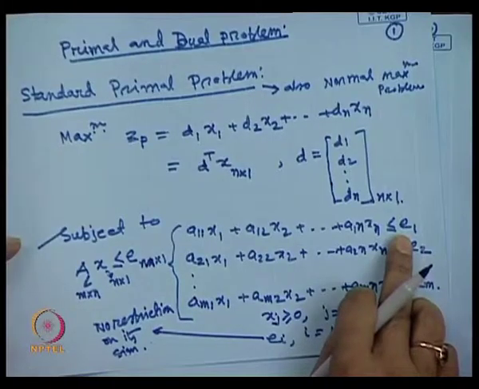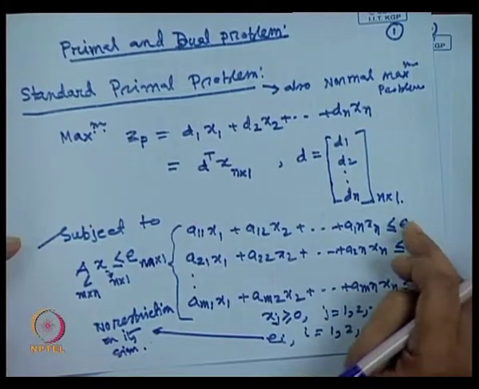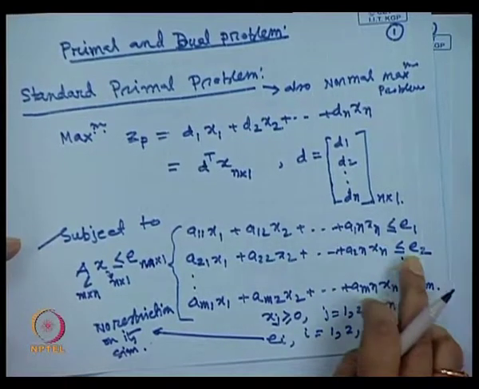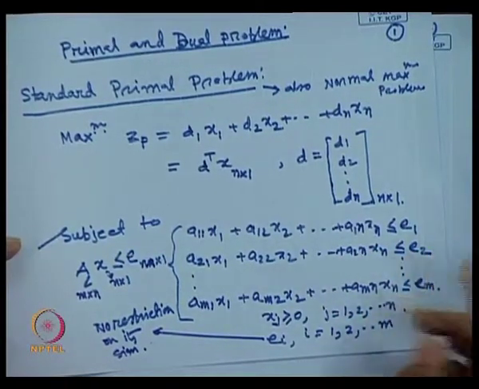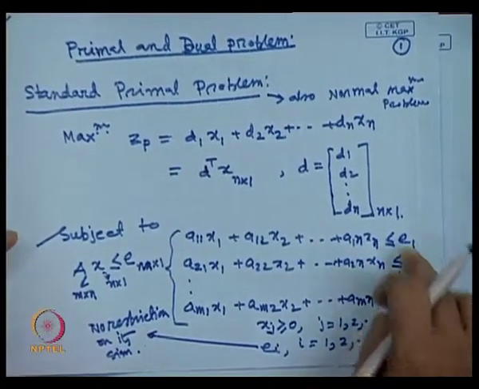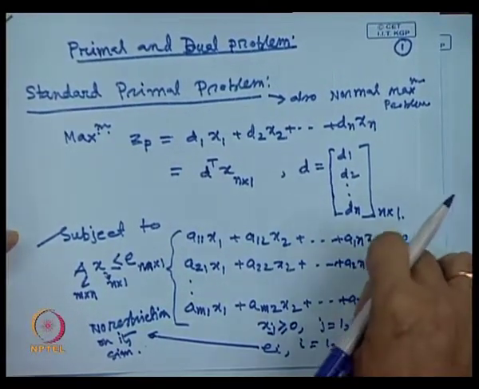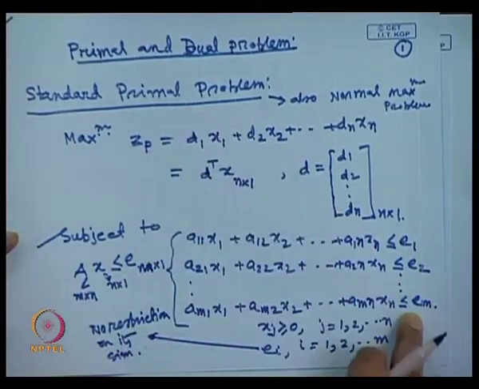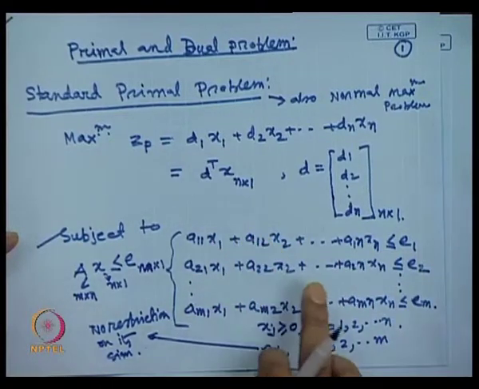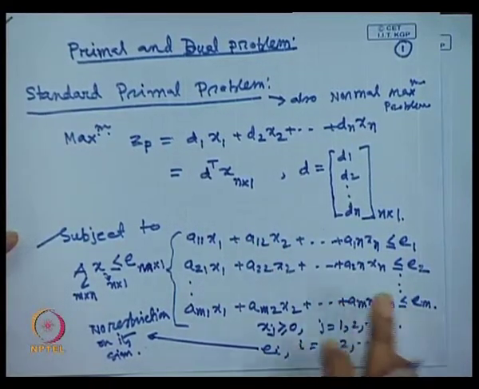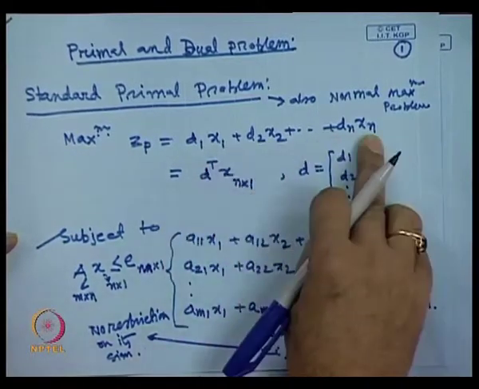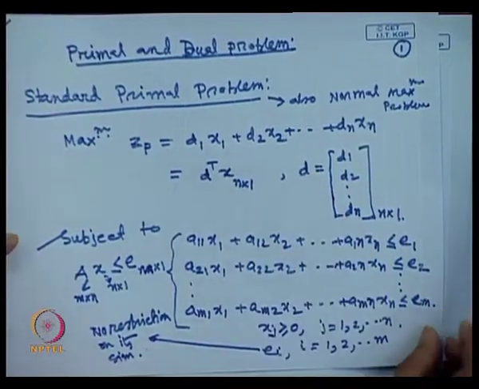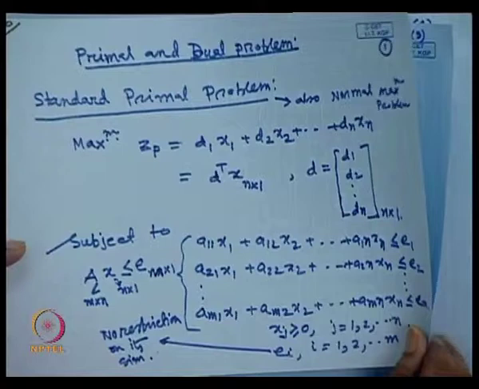So, you will write E1 multiplied by a new dual variable Y1, E2 multiplied by Y2, and so on. If there are m inequality constraints in the standard primal problem, the dual problem will have m new variables. Instead of the n x variables in the primal problem, in the dual problem you get m new variables that you have to introduce.